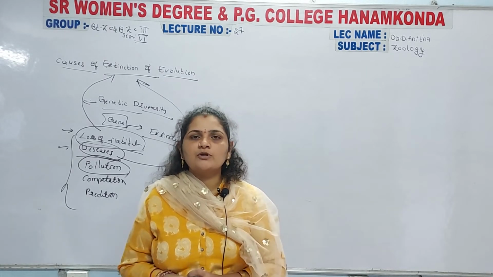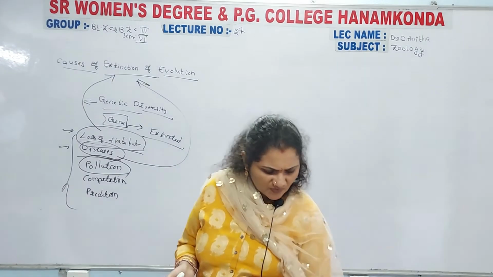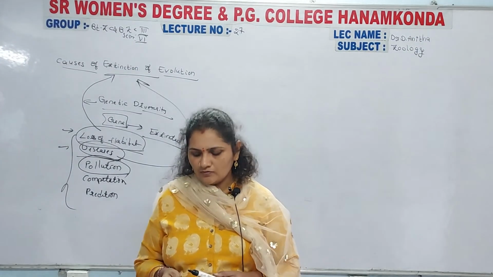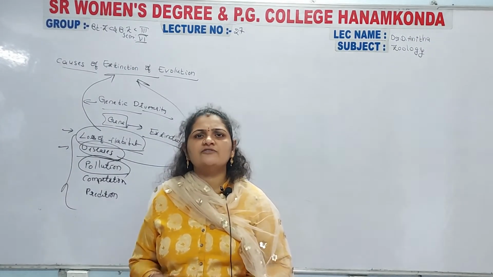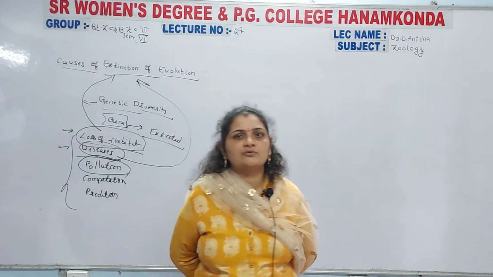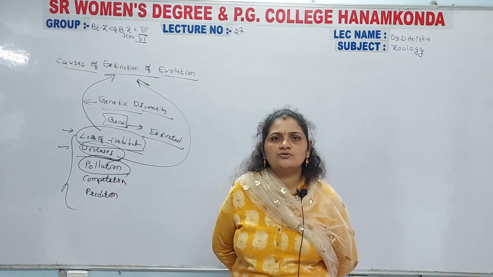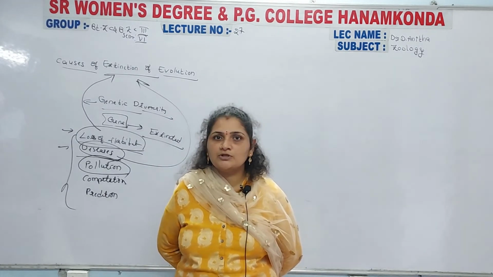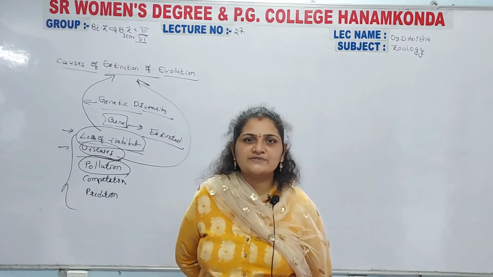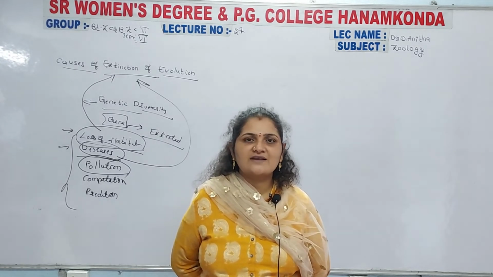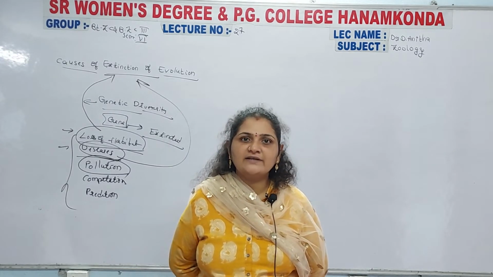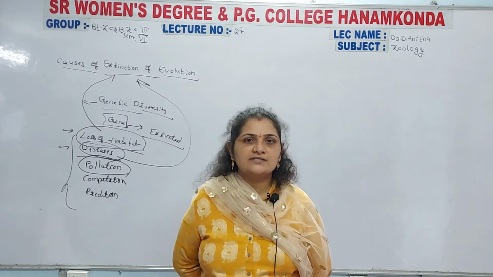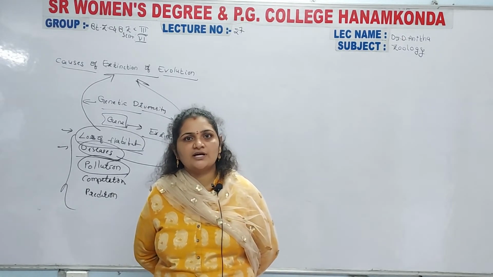We already discussed in the previous class how pollution occurs, the different causes, and the different types of pollution: water pollution, soil pollution, and air pollution. Those toxic substances accumulate in every organism, from the producer level to the consumer level.